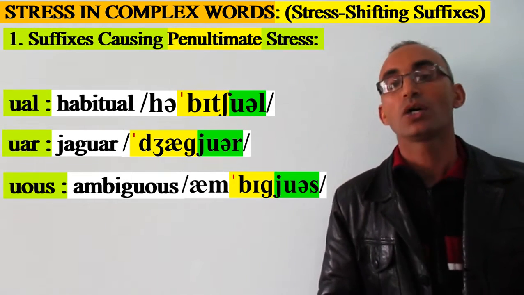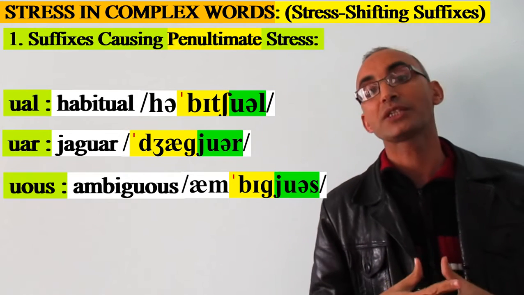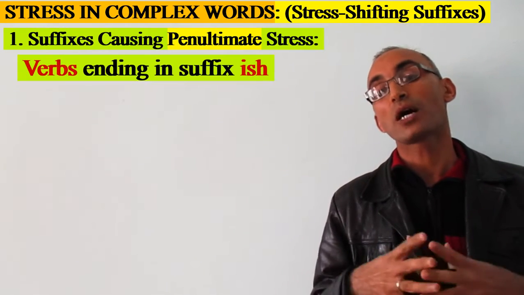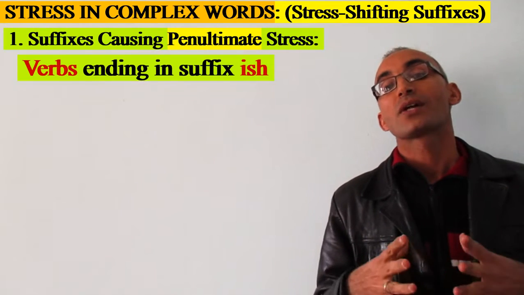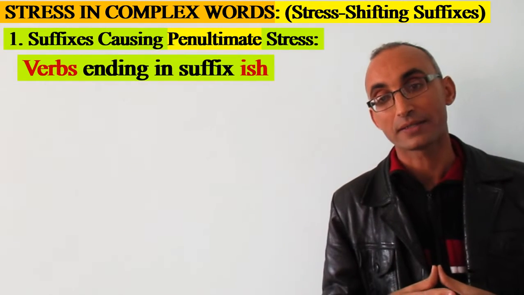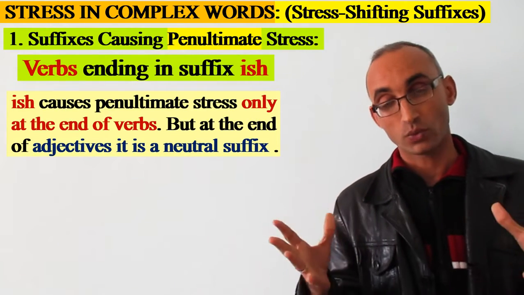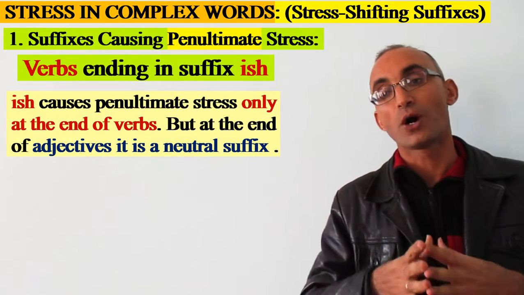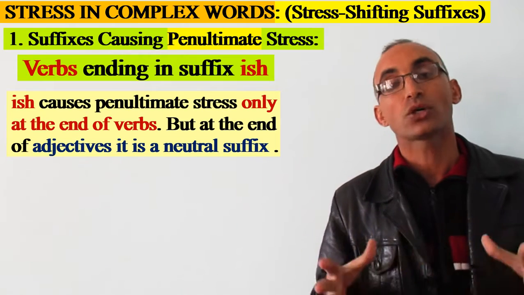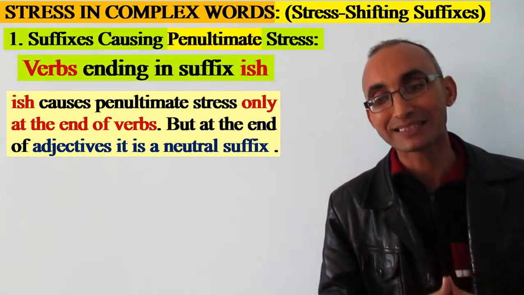Alright. Also we have another category of words, which is the verbs which end with the suffix ish. So the verbal suffix ish, when it comes at the end of verbs, causes stress on the penultimate syllable.